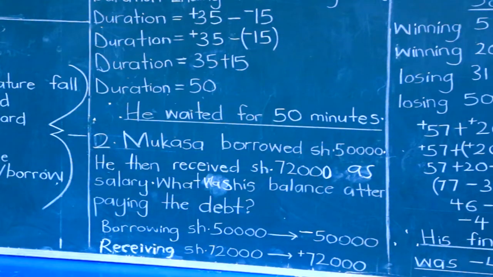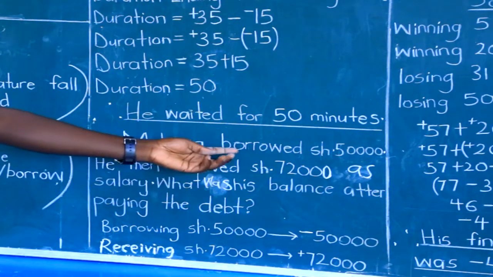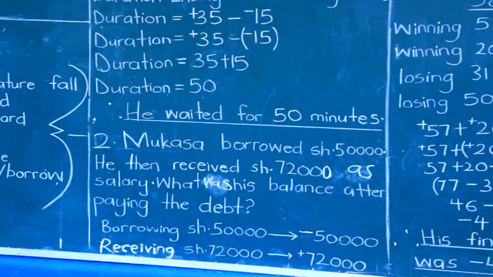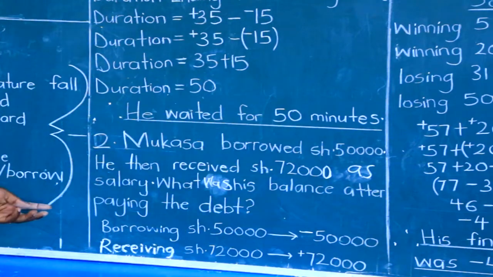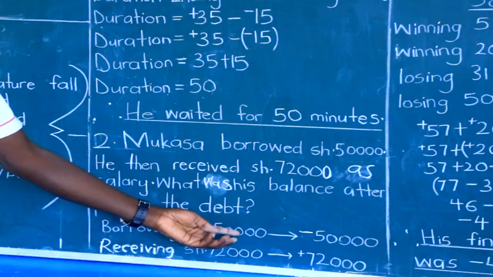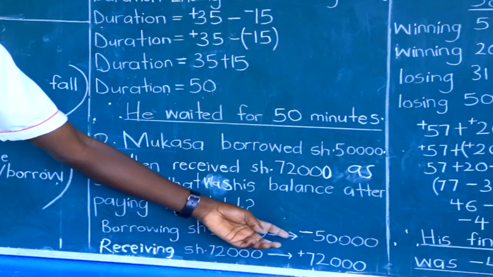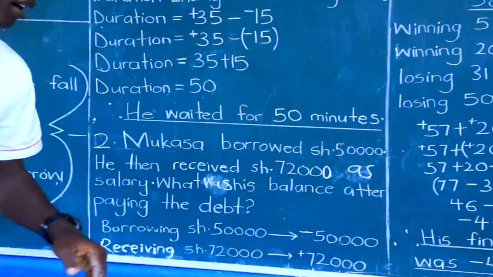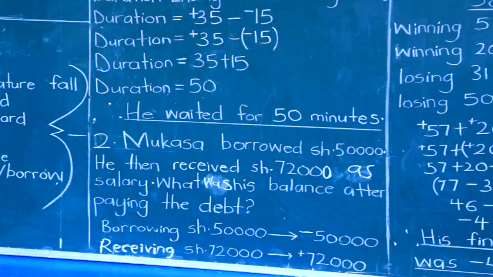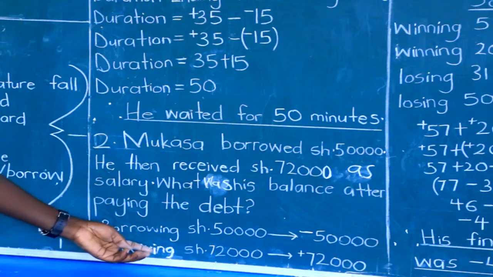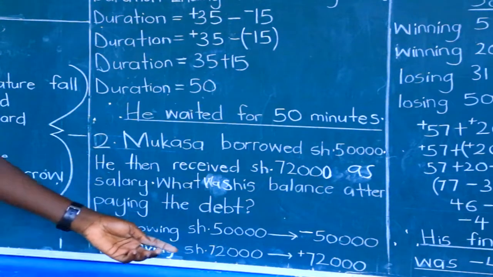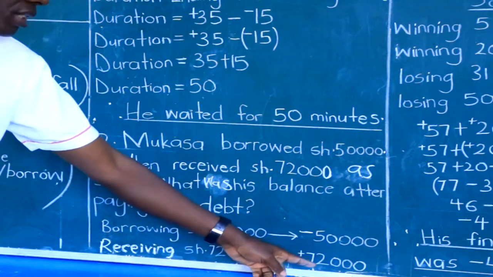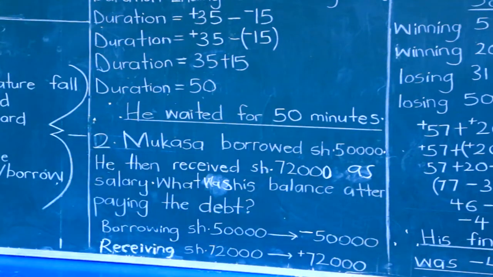Now, remember, we're applying integers, we don't just subtract. When you see the word borrow, like I said, you apply a negative integer. So Mukasa's borrowing 50,000 shillings represents negative 50,000, whereas Mukasa's receiving 72,000 shillings as his salary represents positive 72,000 as an integer.